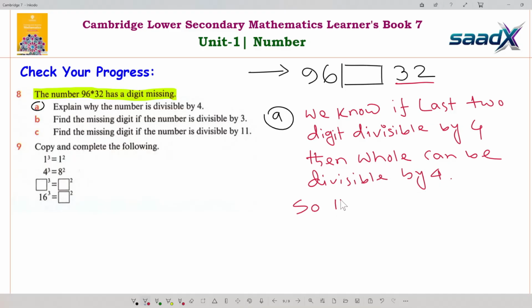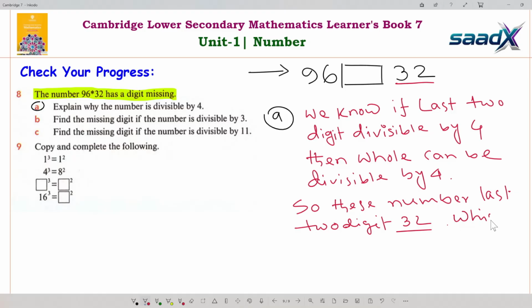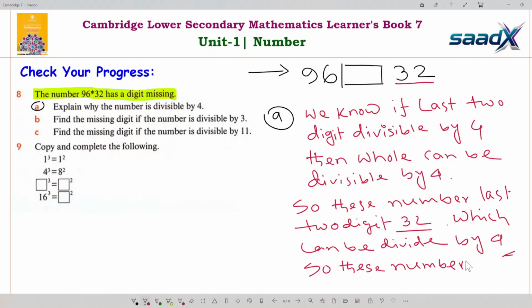So for this number, the last 2 digits, 32, can be divided by 4. So this number is divisible by 4. Okay, very simple.